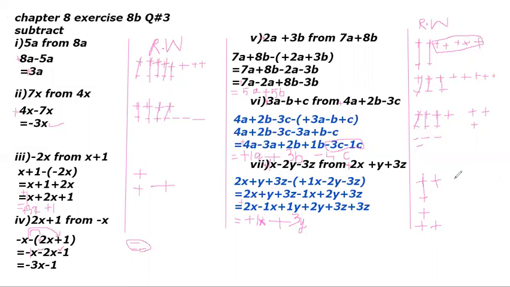Positive 3z means positive z 3 times and positive 3z again means positive sign 3 times. It will total positive 6z.